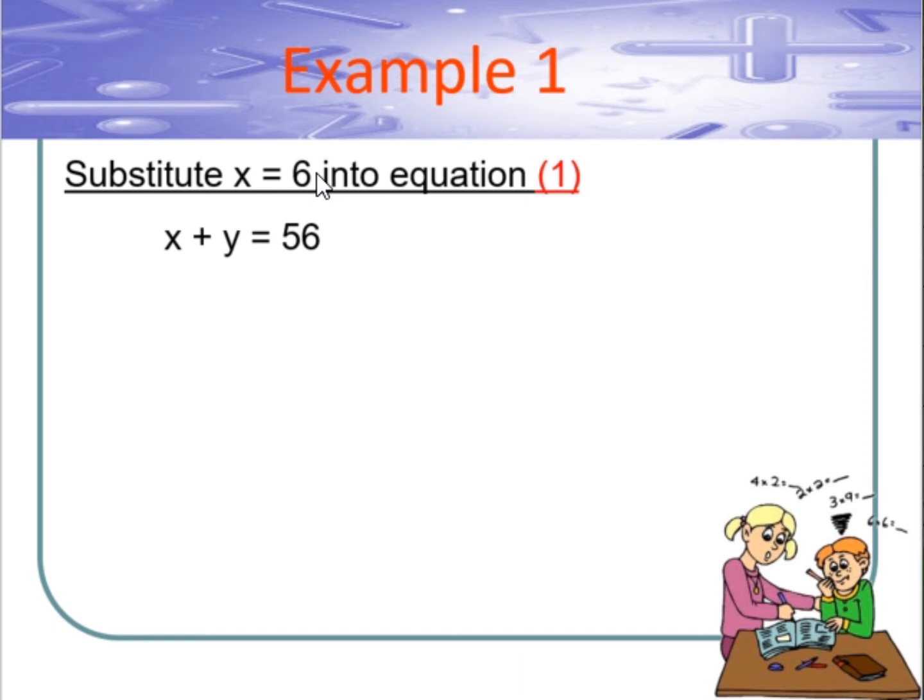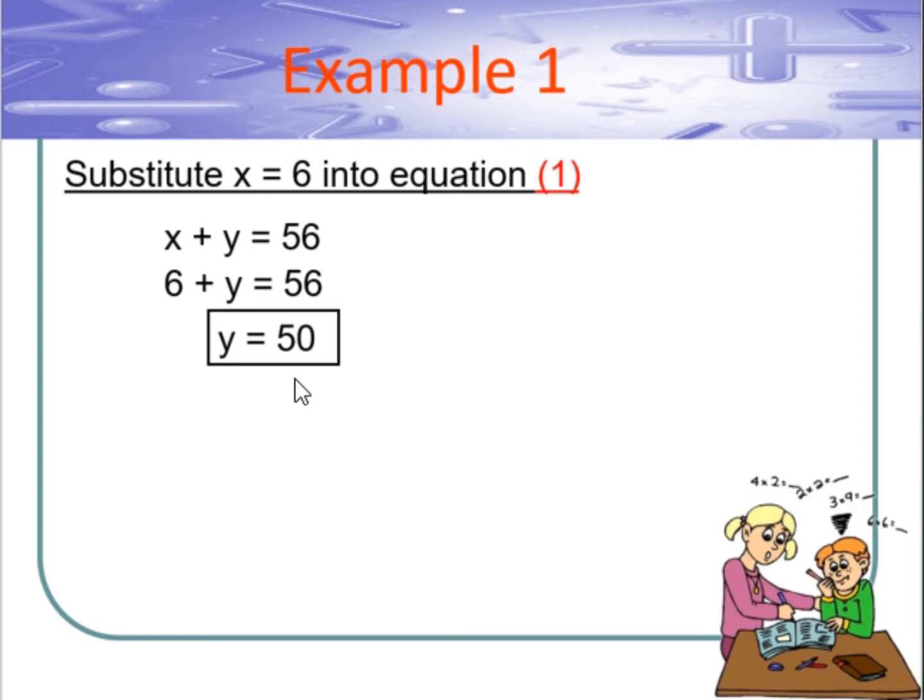Pagka sinubstitute yung 6 sa x, ang magiging equation na ngayon natin ay 6 plus y is equal to 56. By addition property of equality, itong positive 6 ililipat natin sa kanan ng equal sign ay magiging negative 6. So, that will become y is equal to 56 minus 6. And therefore, y will be equal to 50.